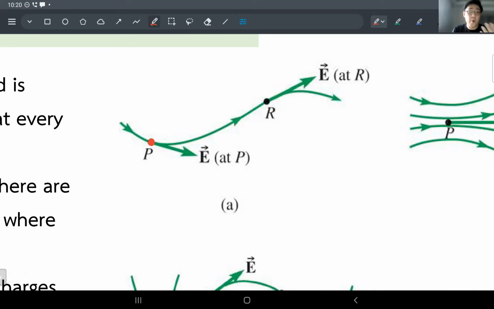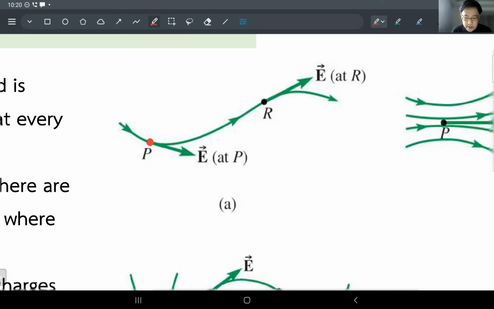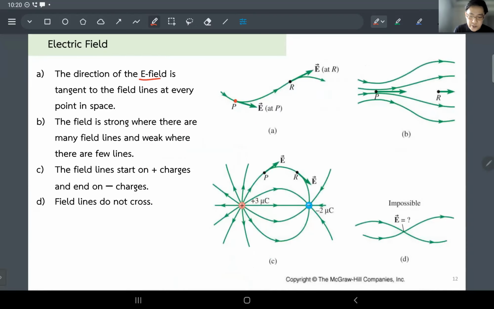So if you go backwards, when you already have a curve, it implies that at that point you have an electric field vector pointing in the tangential direction. That's the first property: the direction of the electric field is tangent to the field lines at every point. If you're at point R, the electric field will point tangential to it. At point P, tangential to it. At whatever point, it's all tangential to it.